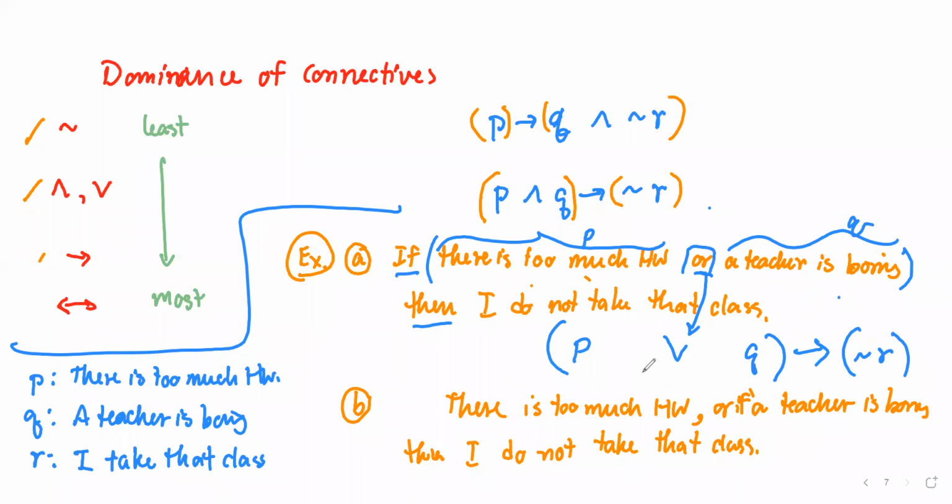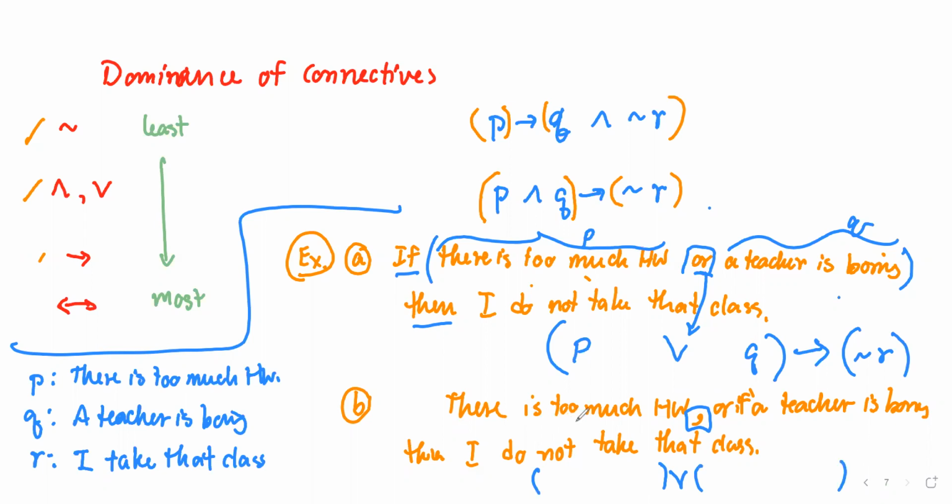Instead, for part B, we have the comma. As long as you see the comma, any connective right next to the comma is the main connective, or the dominant connective. So for part B, the dominant connective is the or. Put or here. Anything on the left, we put in parentheses; anything on the right, we put in parentheses.